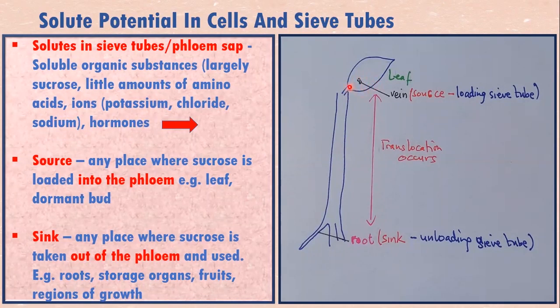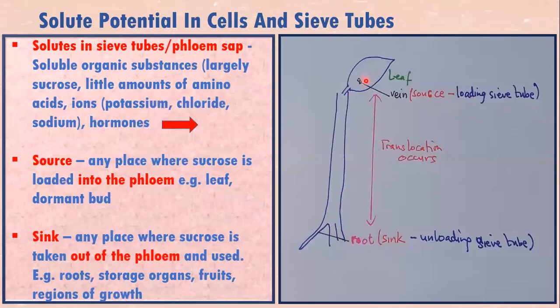Sucrose, because photosynthesis takes place in the leaf and in the green parts of the plant, and photosynthesis will produce glucose. But why is it that glucose is not found in the cells but sucrose?